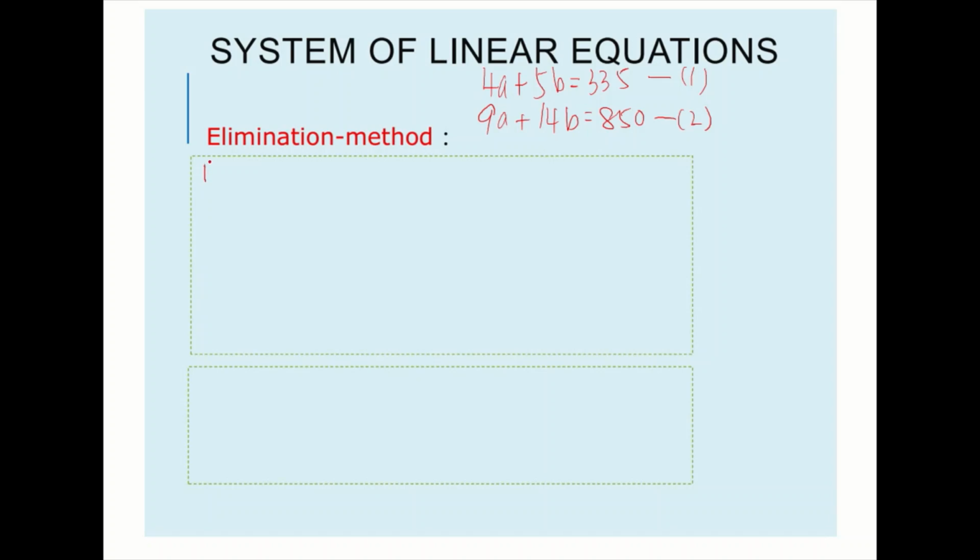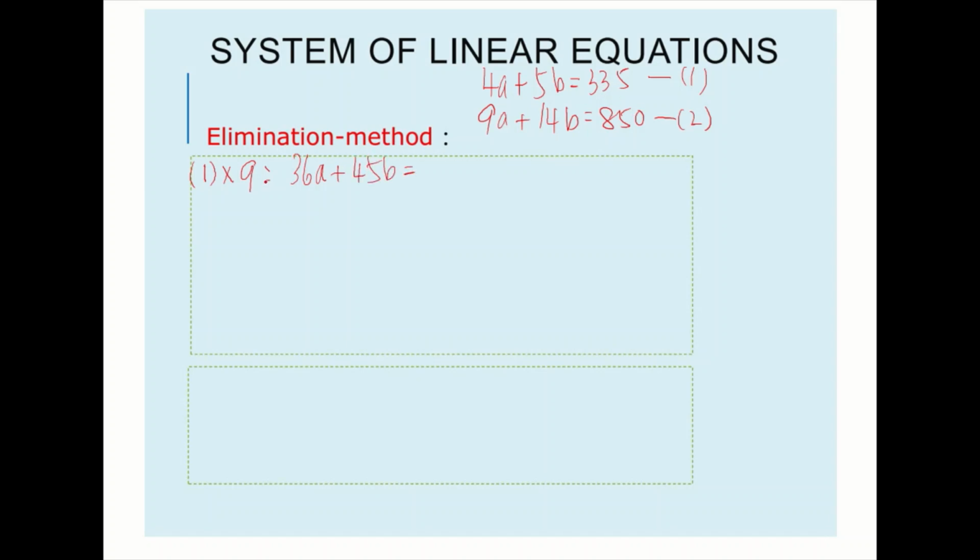So we are going to take the first equation times 9, because 4 times 9 equals 36. So 4 times 9, we now have 36a. And 5 times 9 we have 45b.